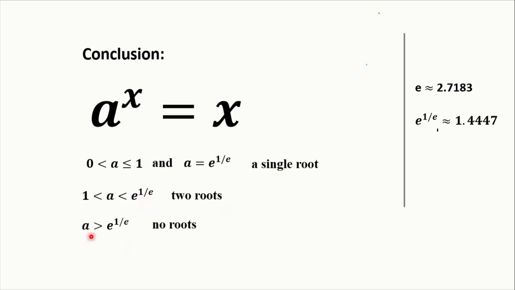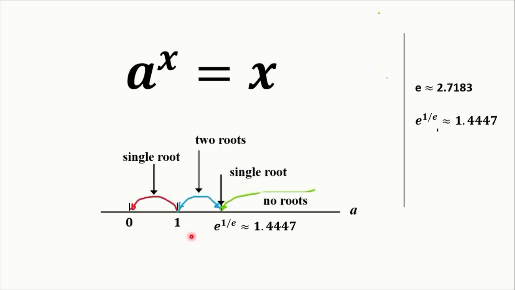And for a greater than this value, there are no roots. We can make a graphical presentation of this, which is here. The ranges of single root, 2 roots, and no roots you can easily identify from this picture. The problem is solved completely.